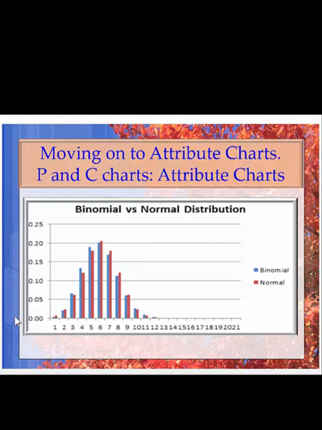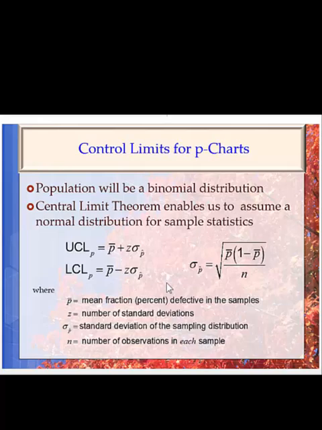The control limits for P here are computed in the following way. The P bar is the mean, or the fraction of units that's defective, or the percent of units that we're accounting for, and then this thing right here creates the standard deviation, or that little bit of variance on either side that we expect, and I'm using the term variance loosely.